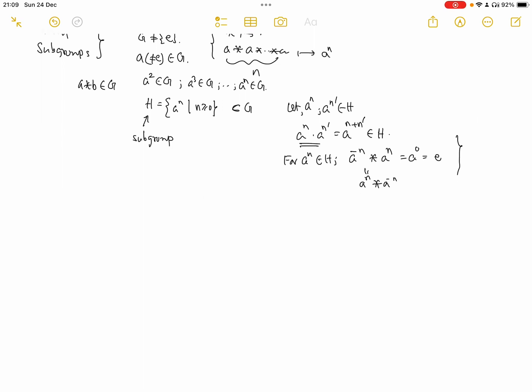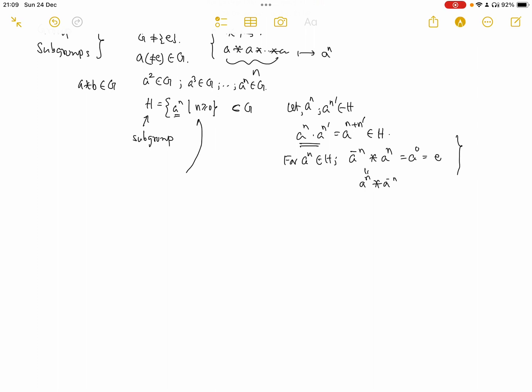And because any element of this subgroup comes from a single element, right? You started off with a single element and you operate it n many times, you get this a power n for each n. So because every element eventually comes from a single element, we call this group a cyclic group, and we call this element a its generator because every element is generated by a.